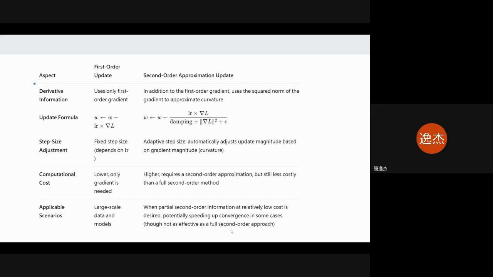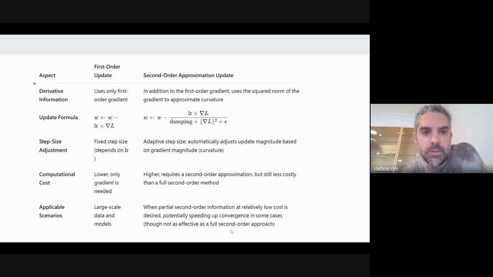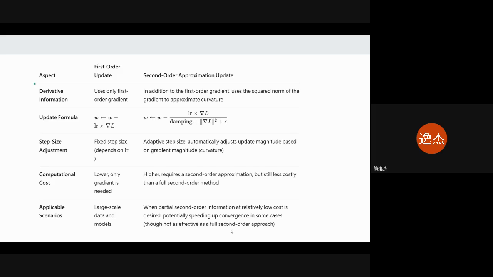I think that the second order converges faster than the first order, but when the epochs are enough, their accuracy will be the same. And this is the formula for the second order approximation. We add damping variables to prevent it from diverging. Okay, from exploding. Yeah.